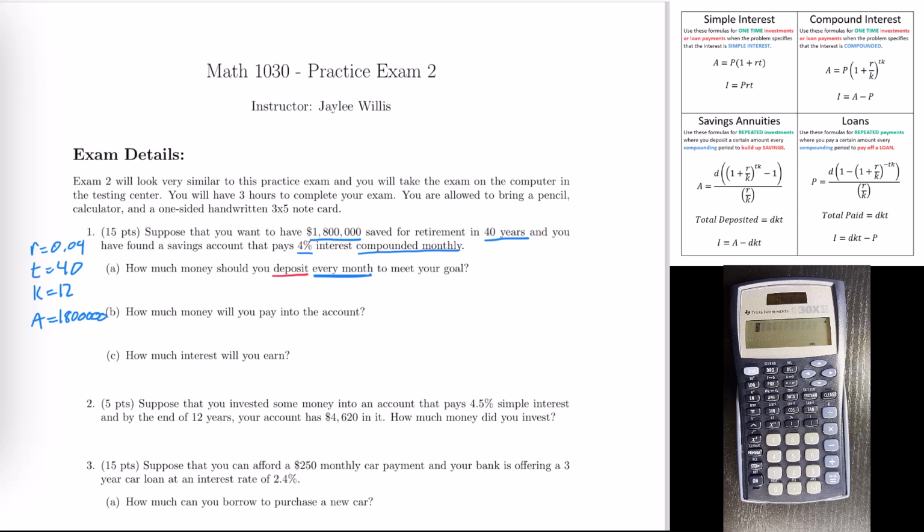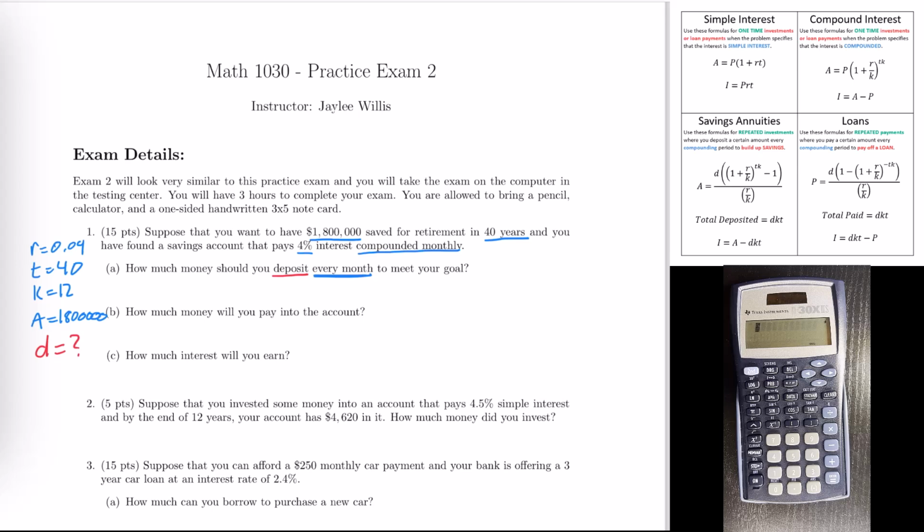And then the variable that I'm looking for is the variable D, because that's the variable that represents the amount of money I should deposit every month to meet my goal. So those are my variables, and these can actually help you find the formula as well. You can use them instead of the questions, but I'm going to go ahead and go through the process of using the questions.